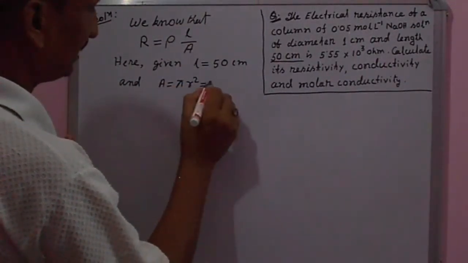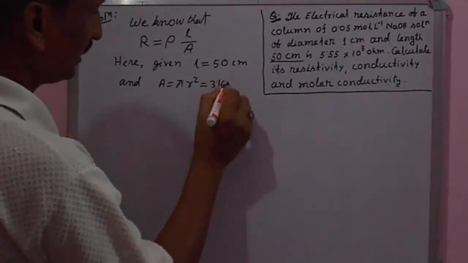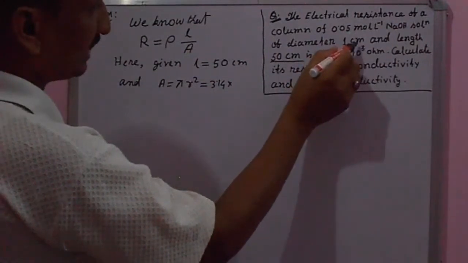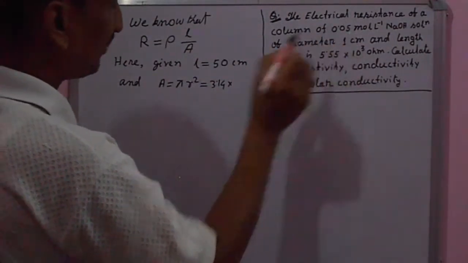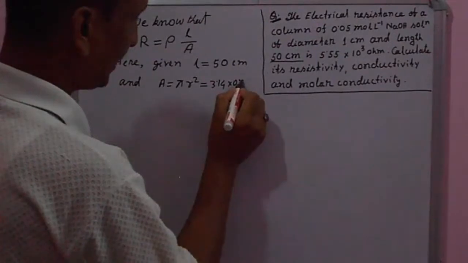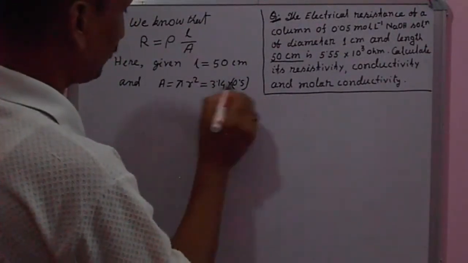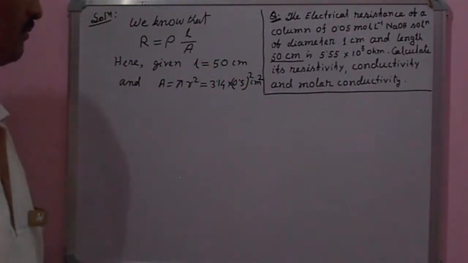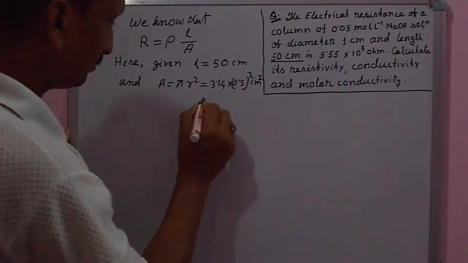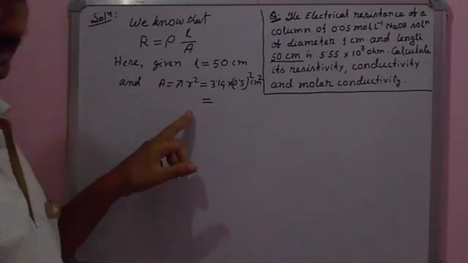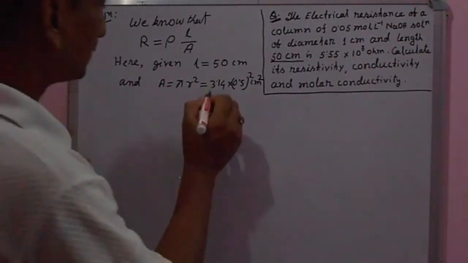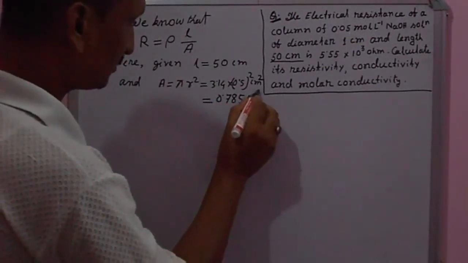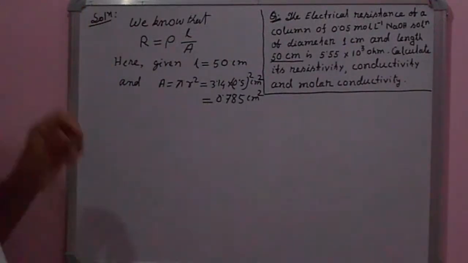That means pi is 3.14, that you know, and r square. So diameter is given 1 centimeter, so radius will be 0.5 centimeter, so 0.5 square centimeter square. And if you do the calculation, that will come out 0.785 centimeter square. So this is A.